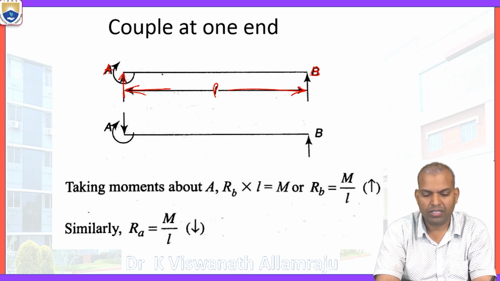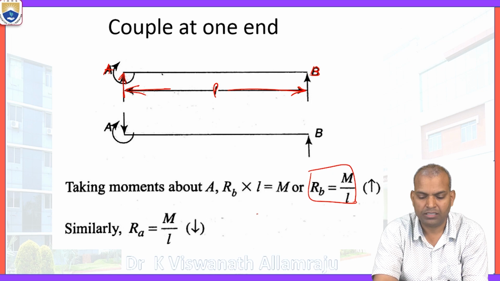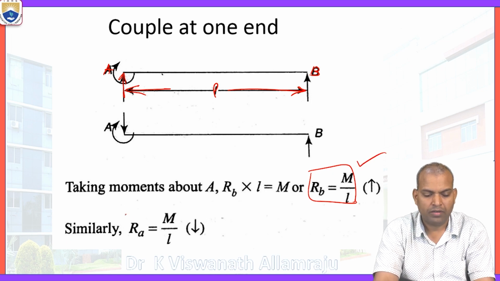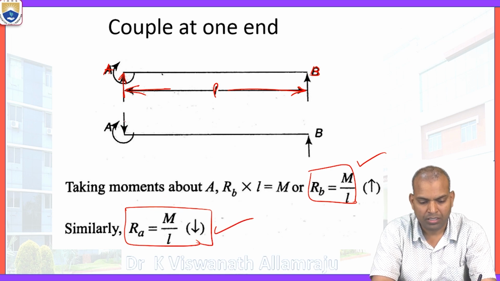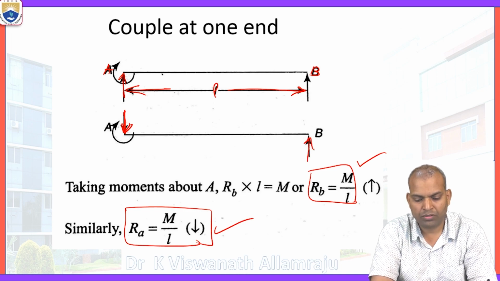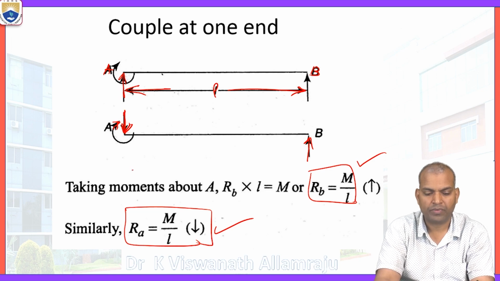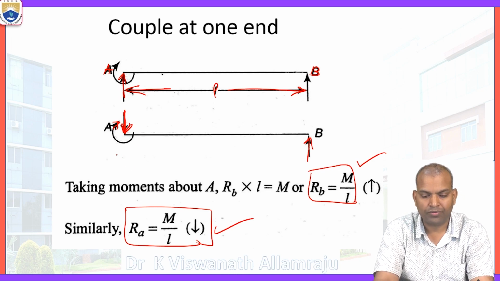By calculating the reactions at A and B. We consider the reaction at B, RB equal to M by L, in upward direction, whereas RA equal to M by L, in downward direction. It is balanced by the clockwise moment. Okay, it is completely balanced now.